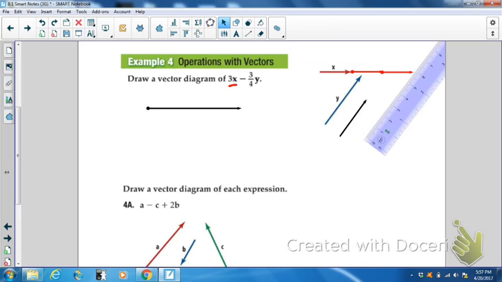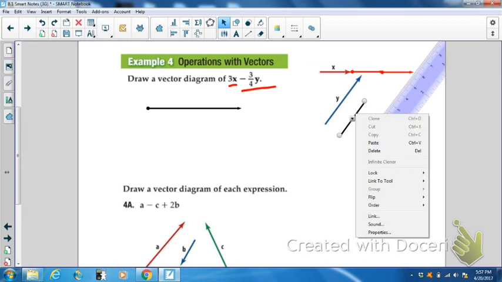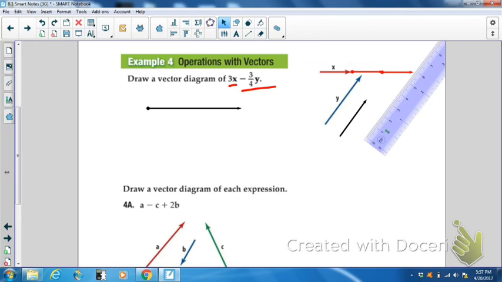Now, you'll notice too that this says negative 3/4. So what does that mean? It means that your vector is now going in the opposite direction. So I want to turn the whole thing around and go the other way with it.